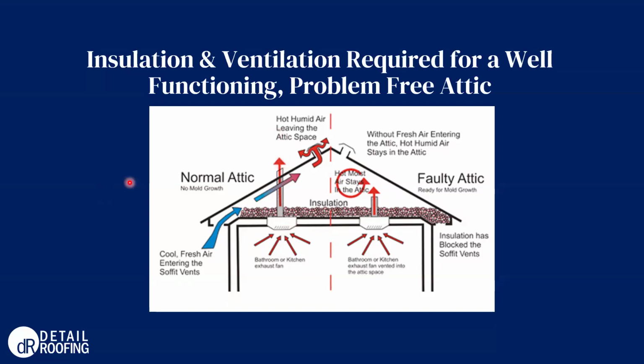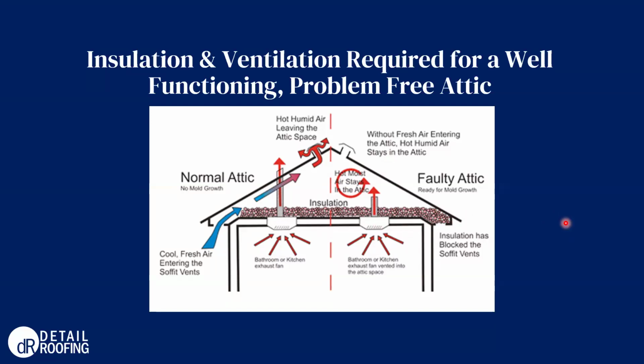So where we tend to see issues is if any of these systems are disrupted or not functioning properly. That could be if there's not a sufficient level of insulation, if the insulation is blocking the air intake ventilation, or if the exhaust vents are not connected properly.